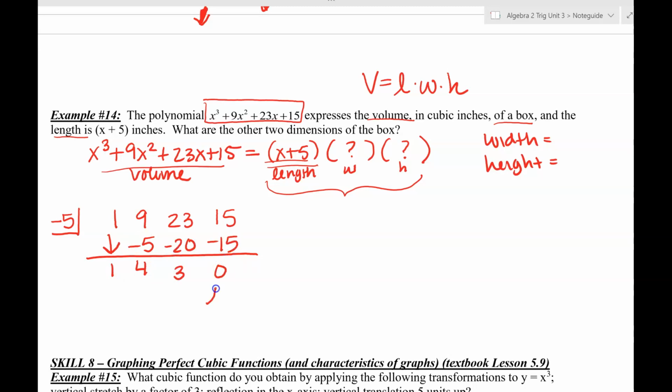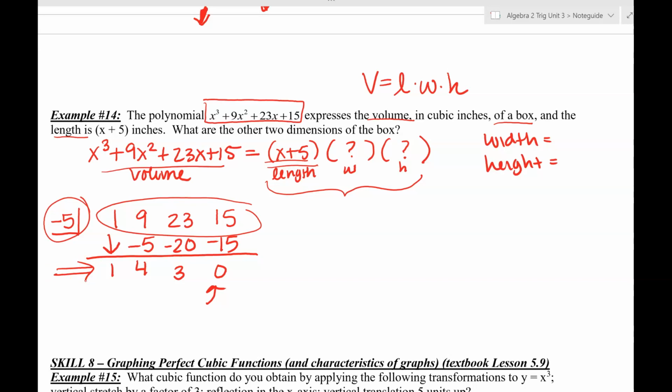And this is super important. If I didn't get a remainder of 0 here, I would feel like the problem was written incorrectly or I made an error, because x plus 5 is supposed to be a factor of this polynomial, given that it's one of the factors that created that polynomial. So what I figured out here is if I divide the volume polynomial by the length, I get this result.